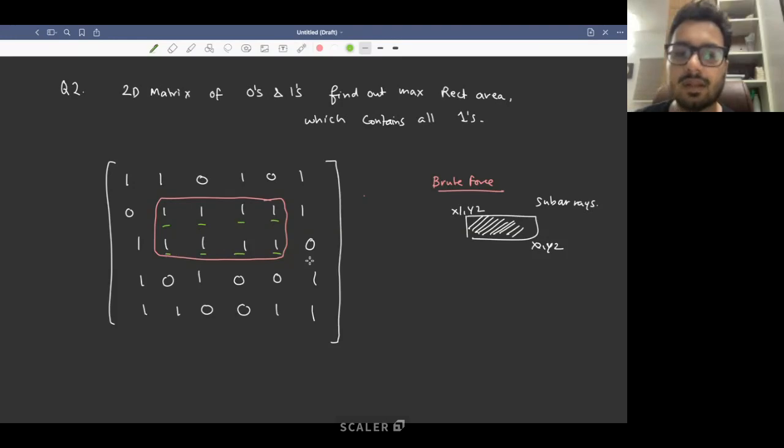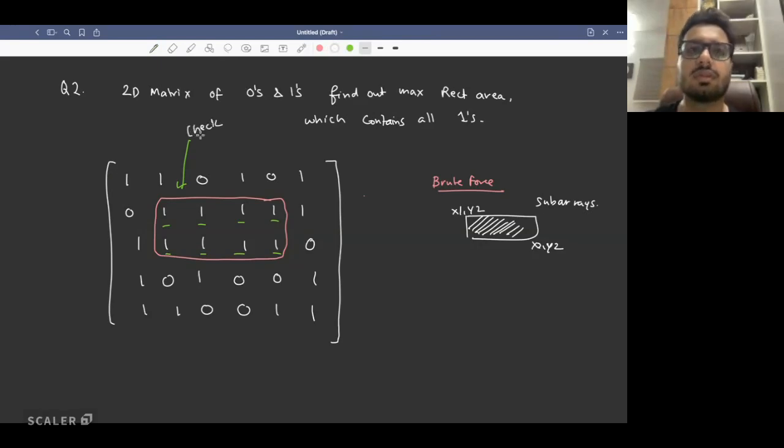Right. So given this rectangle, how much time you will need to check if it contains all ones or not? If I simply give you a rectangle, I'm saying just the checking part. How much time will checking take? N square, right? Checking is n square, right?